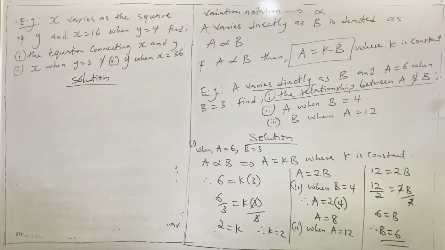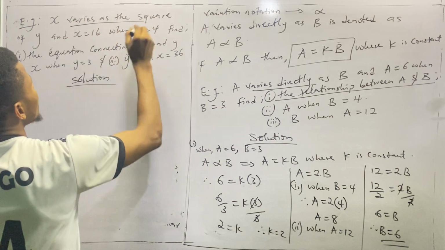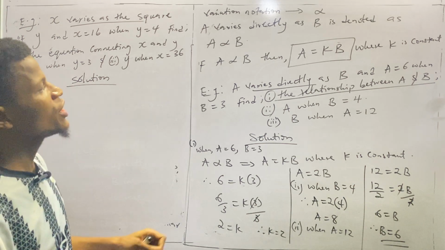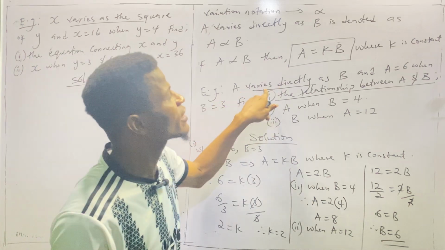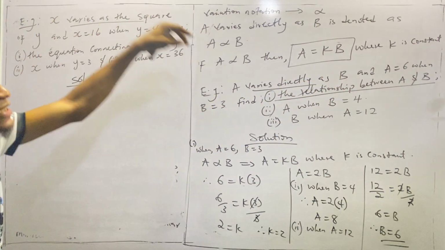Okay, the question says X varies as the square of Y. Now, I've told you before, maybe you have forgotten, when a quantity varies directly as another quantity, it is the same as saying a quantity varies as another quantity.